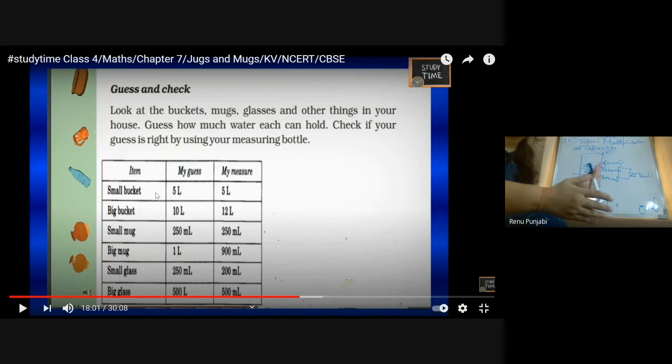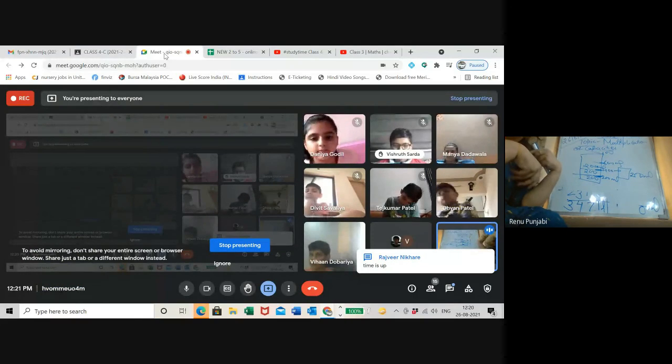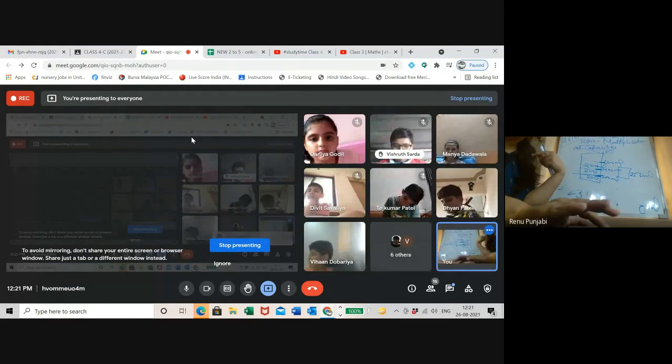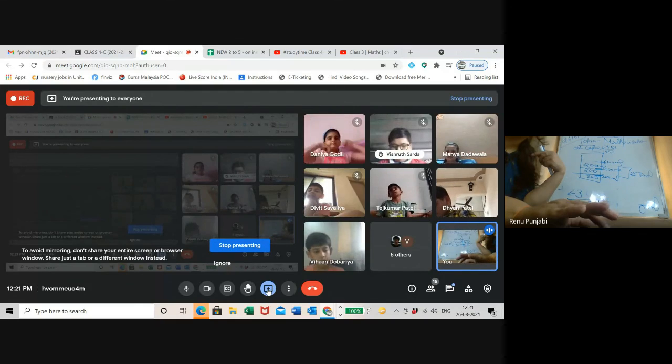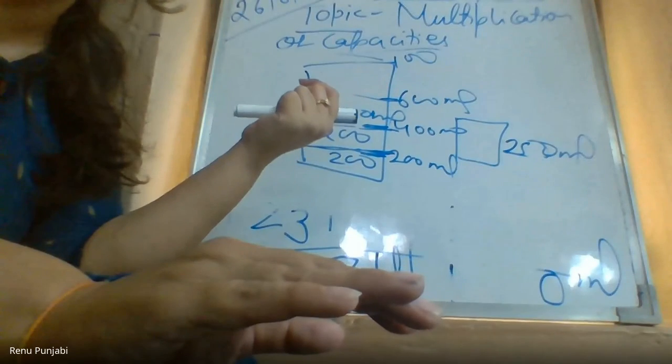So you write, suppose I guessed my bucket capacity is 5 liter, so I write 5 liter. When I compare it with the measuring bottle, sometimes it can be 5 liter, sometimes it can be more than 5 liter, because first you are guessing, right? Tomorrow or maybe in the next class I'll show you practically, then I think you will understand the concept better.